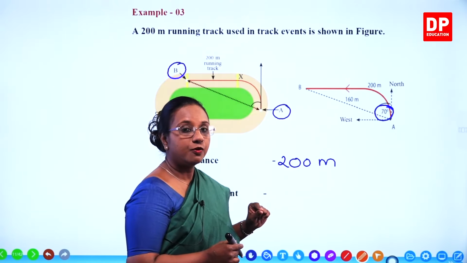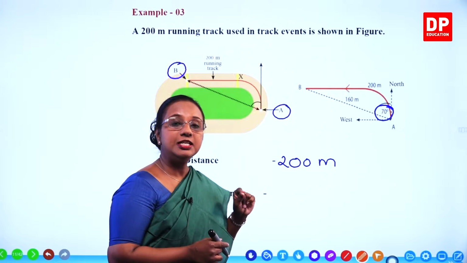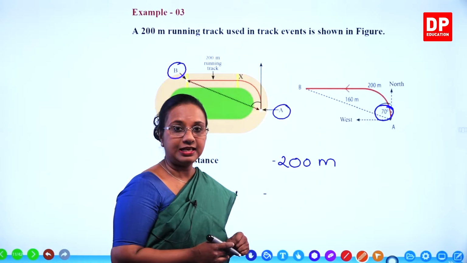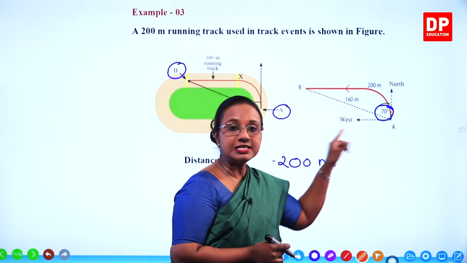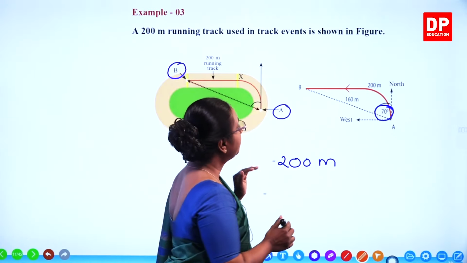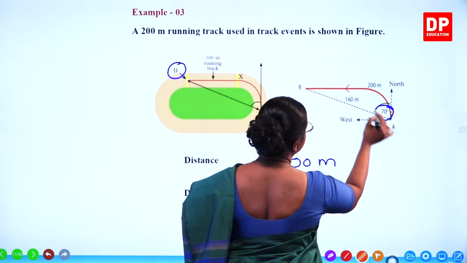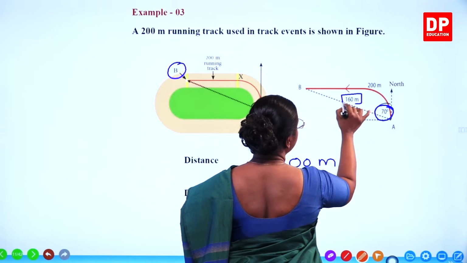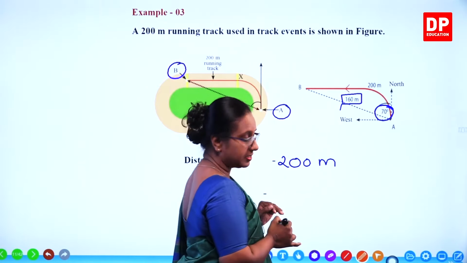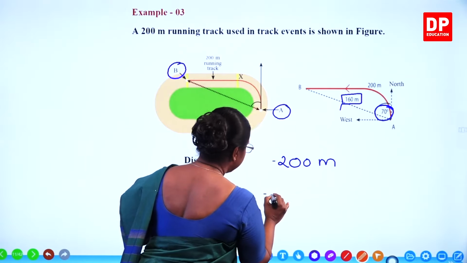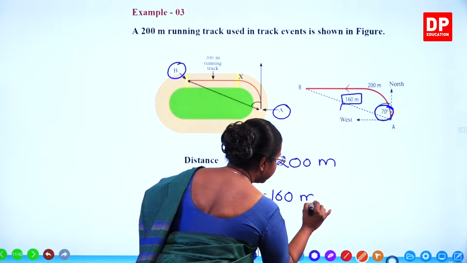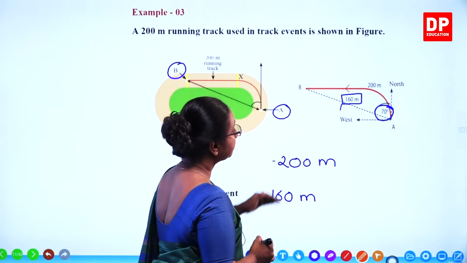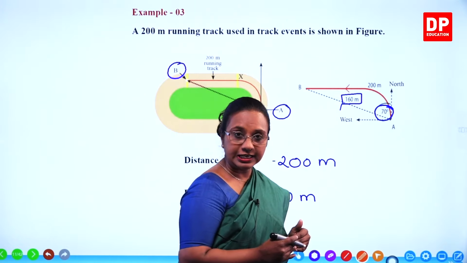So therefore, when we mention the displacement of the athlete, we have to take the magnitude and the direction. If we look at the diagram, the magnitude is marked for you, 160 meters. So here the displacement we will write as 160 meters. We have an angle.